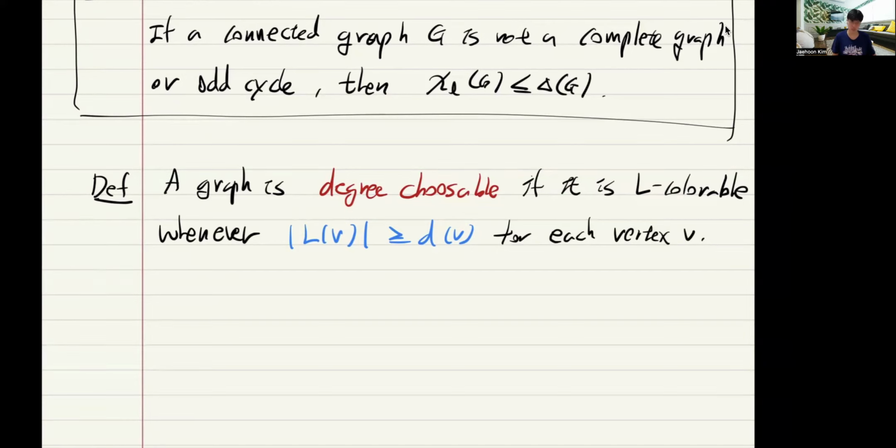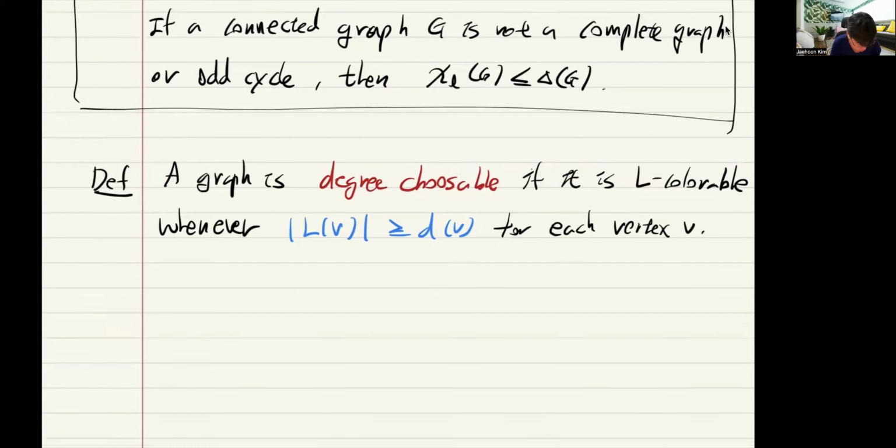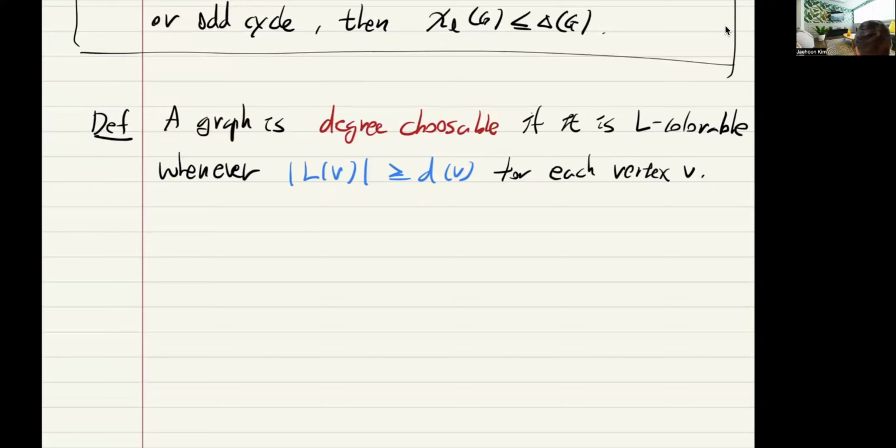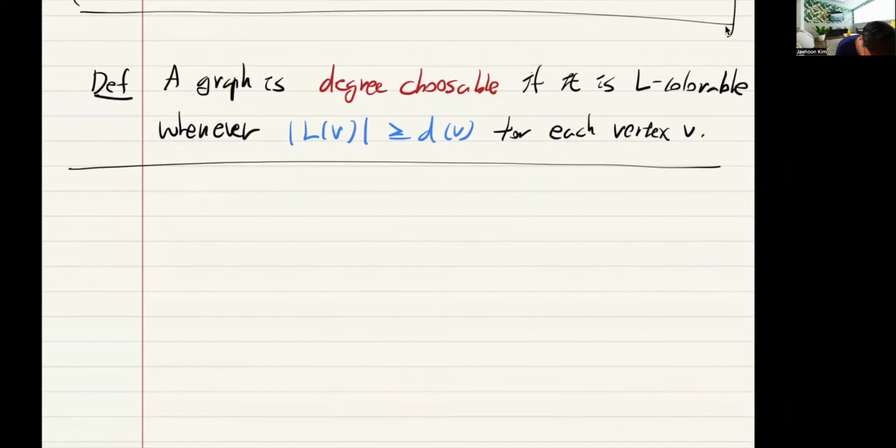But here you might have different sizes of the list for different vertices. So this definition makes sense. If each vertex has a list of size at least its degree, and you can finish the coloring, then you say that this is degree choosable.